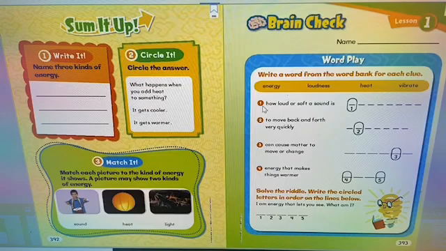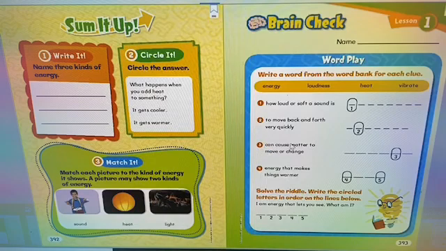Okay, number 2. To move back and forth very quickly. Move back and forth, back and forth. What is it? What do I call it? Do I call it energy, loudness, heat, or vibrate? Now, question number 3.